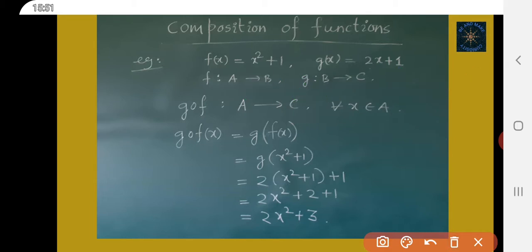Now you simplify it, then you get 2 into x square plus 2 plus 1, and 2 plus 1 is 3. So your g of f of x, that is gof of x, is 2x square plus 3. This is the composition of two functions f and g.